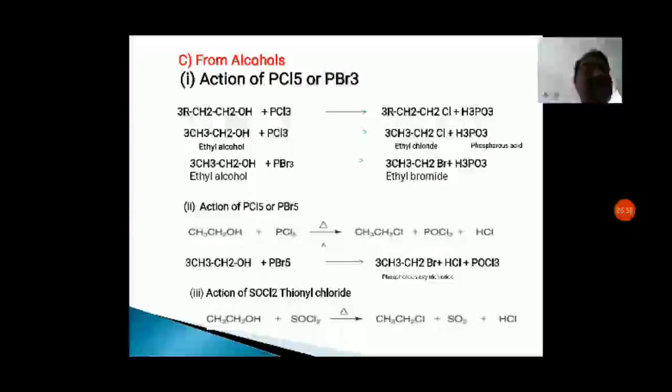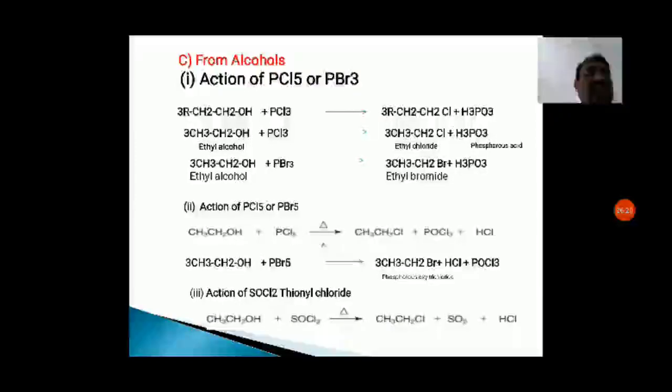This second reaction is not correct. Kindly remember this first reaction, the action of PCl5 or PBr5. In this second reaction there should not be three alcohol molecules. There should be only one alkyl molecule, and it will form 1 mole of ethyl bromide also. So that is the correction here.